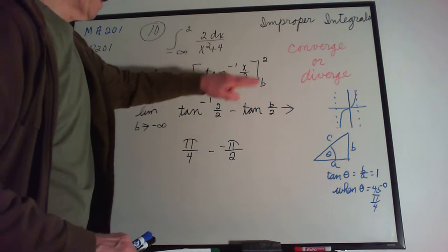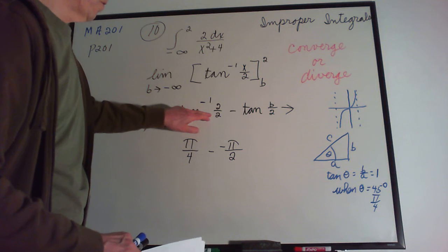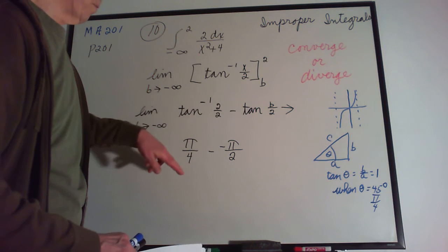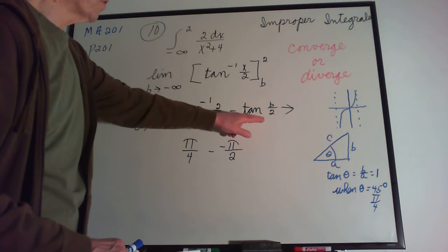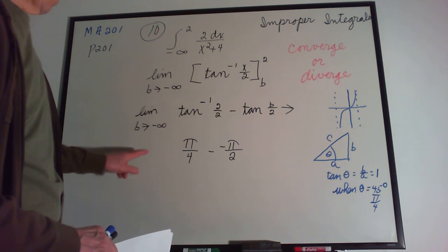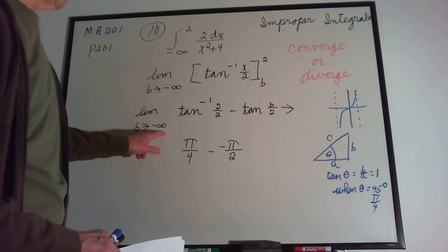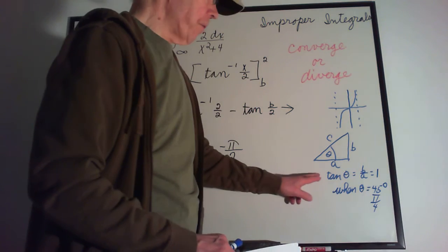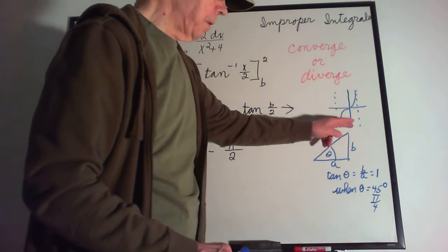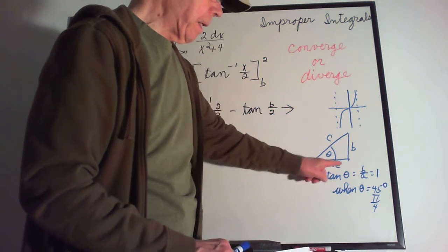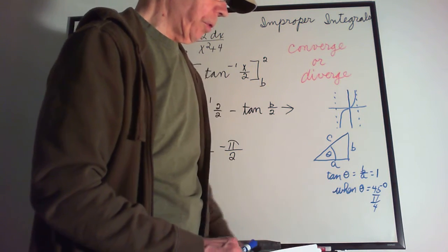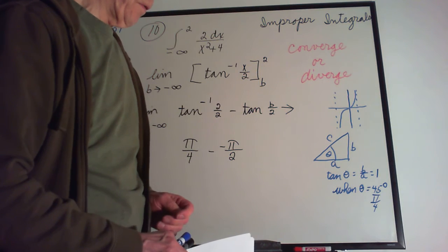All right, I plug in, I'm going to get 2 over 2, so the inverse function is going to be equal to 1 minus b over 2. And this is going to go to negative infinity. The tangent function is equal to side b over side a. It's only going to be equal when b equals a, and that's only going to be true when theta is 45 degrees.